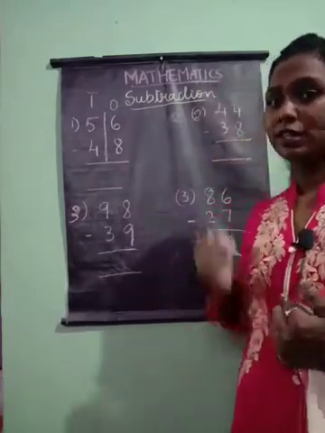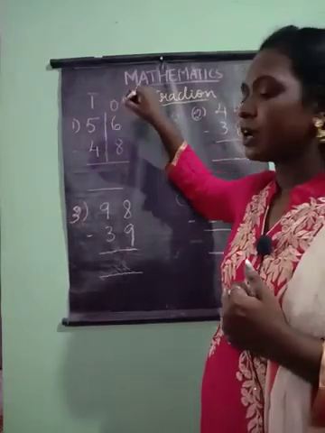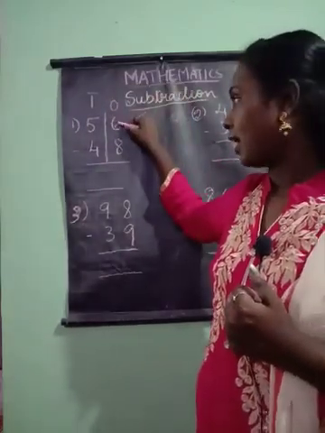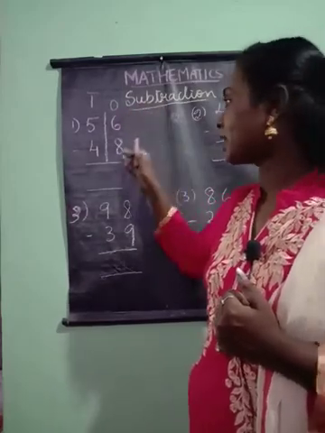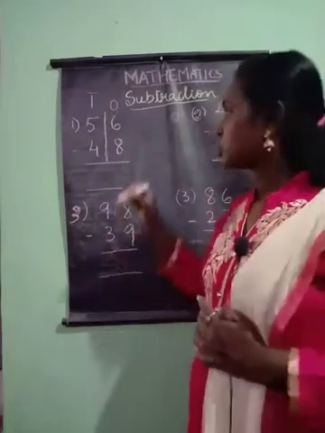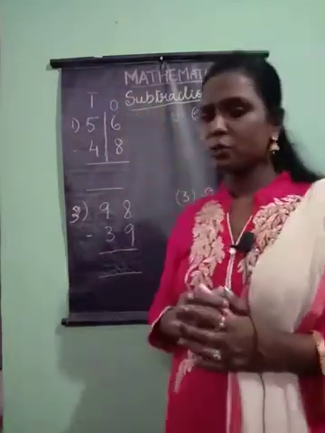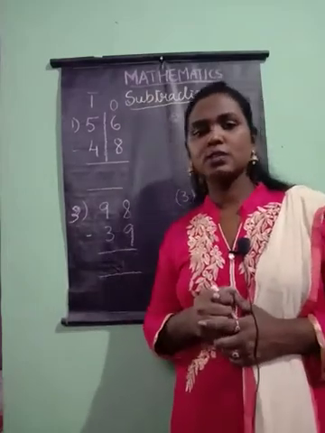But the rule is we have to subtract the lower number, present below, from the number that is present at the top. So from 6, is it possible to minus 8? No, right? Because 6 is smaller than 8.